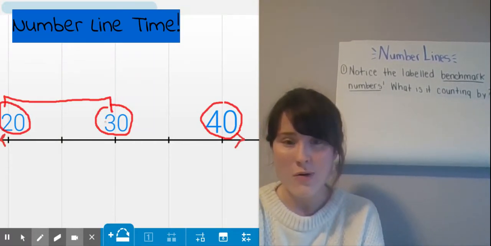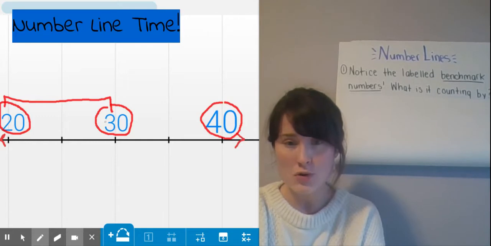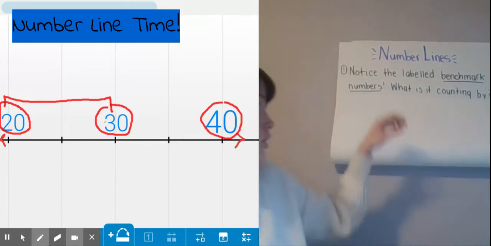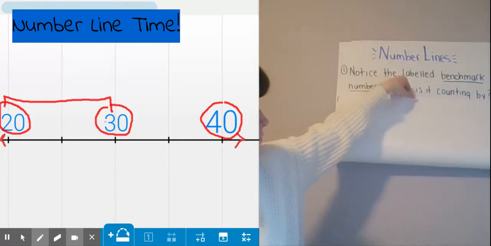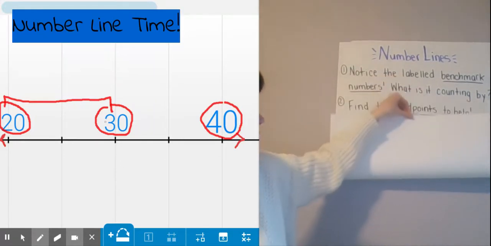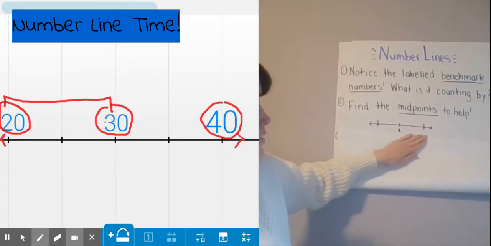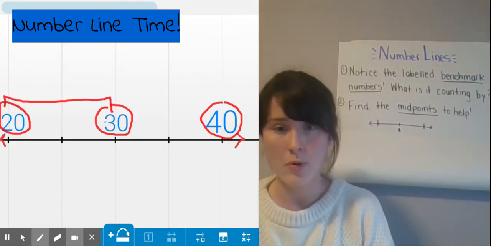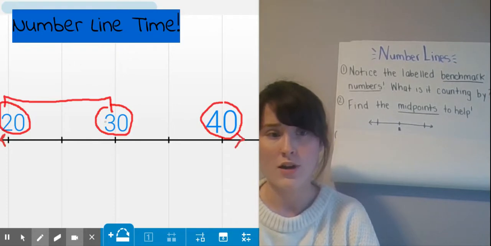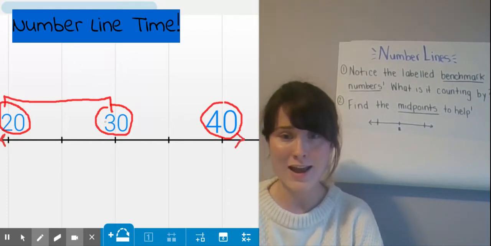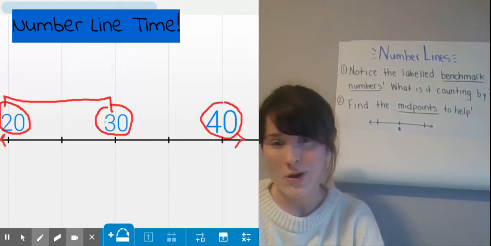So now, before I can label any new numbers on my number line, I should always find the midpoints to help me. A midpoint comes right in the middle of two benchmark numbers. Now, if we're counting by 10, what is our midpoint going to end with?